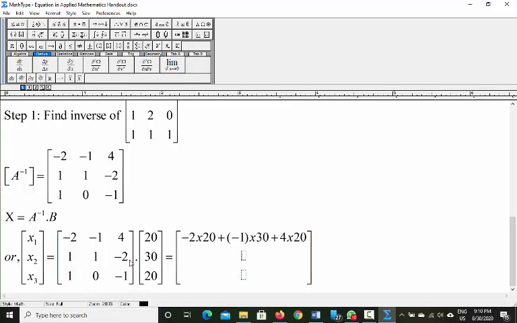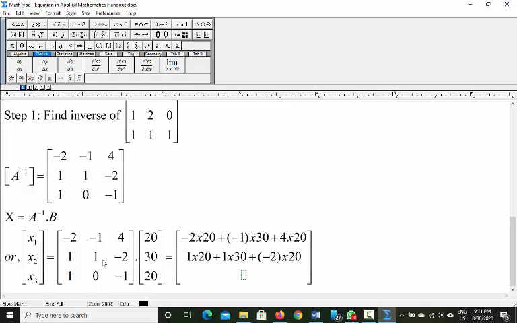Now we will move to the second row. In the second row we have 1 multiplied by 20, plus 1 multiplied by 30, plus minus 2 multiplied by 20. Let me revise again: 1 multiplied by 20, 1 multiplied by 30, and minus 2 multiplied by 20.